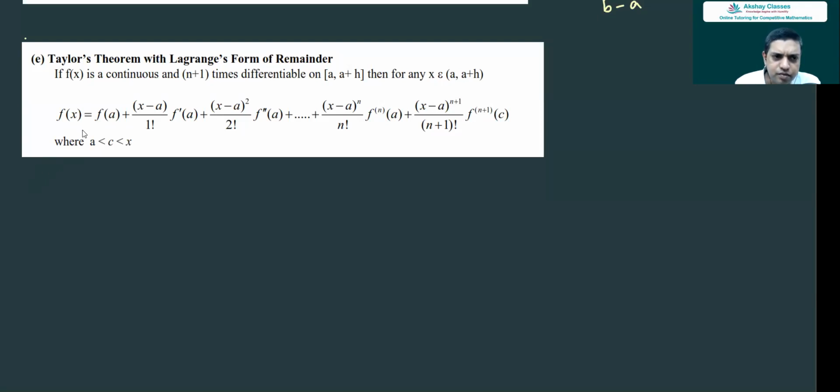So f of x is equal to f of a plus (x minus a) by 1 factorial into f dash a, plus (x minus a) whole square by 2 factorial into f double dash a, and so on, and (x minus a) whole power n by n factorial into nth derivative of f at a, plus this remainder.